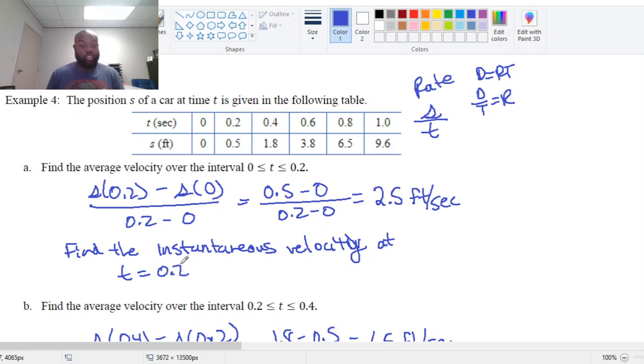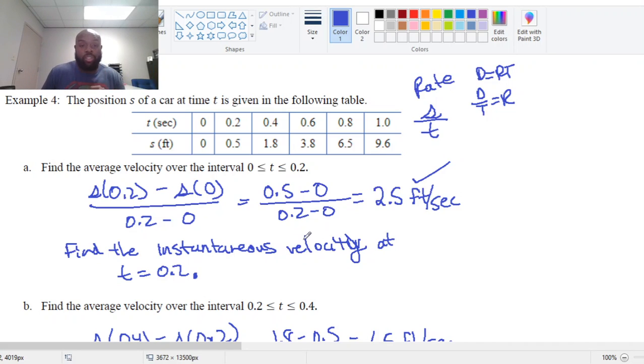And I'll be honest with you, because we're given a table of values, this answer right here is one of the approximations or solutions to finding that, because we can't do smaller and smaller intervals. We only have the intervals that are given to us in the table. So I don't want you to get confused here. If I change that word from average to instantaneous, you would do the exact same thing.